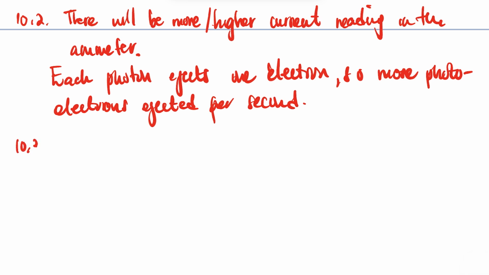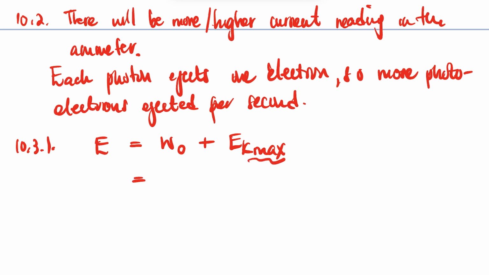So 10.3.1, calculating the speed. We get the speed from the kinetic energy. So we'll use the formula that says the energy of the light is equal to the work function plus the maximum kinetic energy.